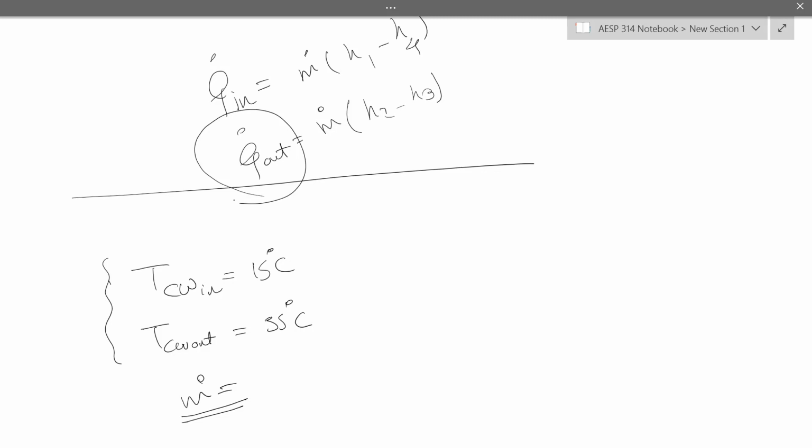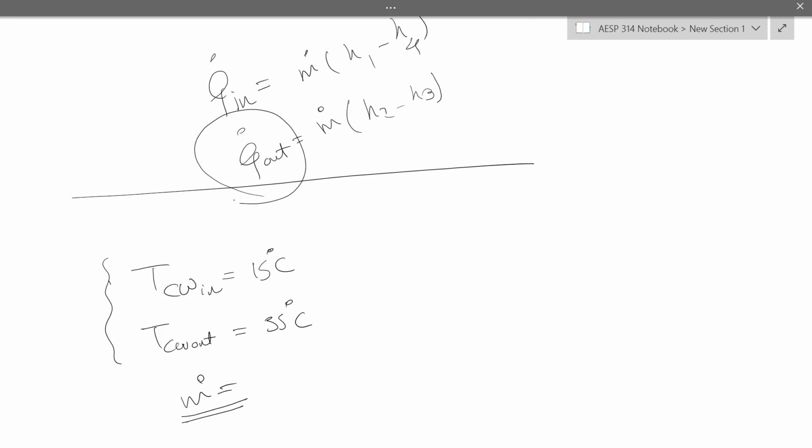Any ideas? We have Q out, that's what we just calculated. So we just use the table, change the temperature. That's a very good thing you brought up, but which tables? We don't have saturated water, do we?